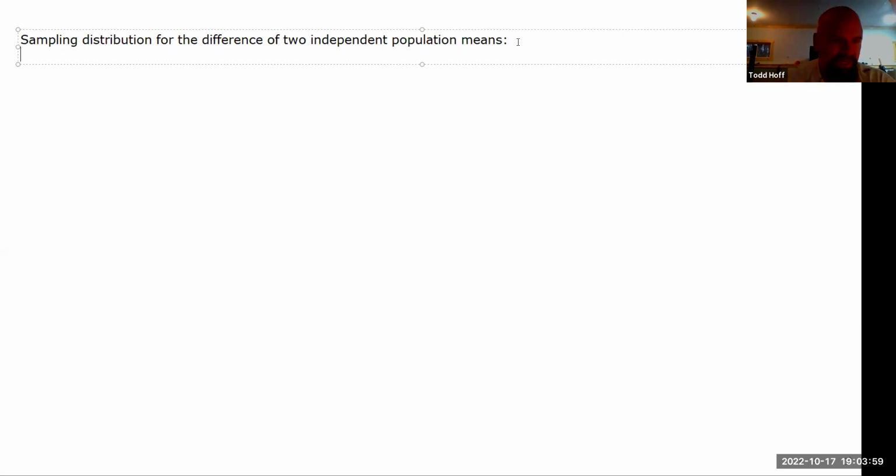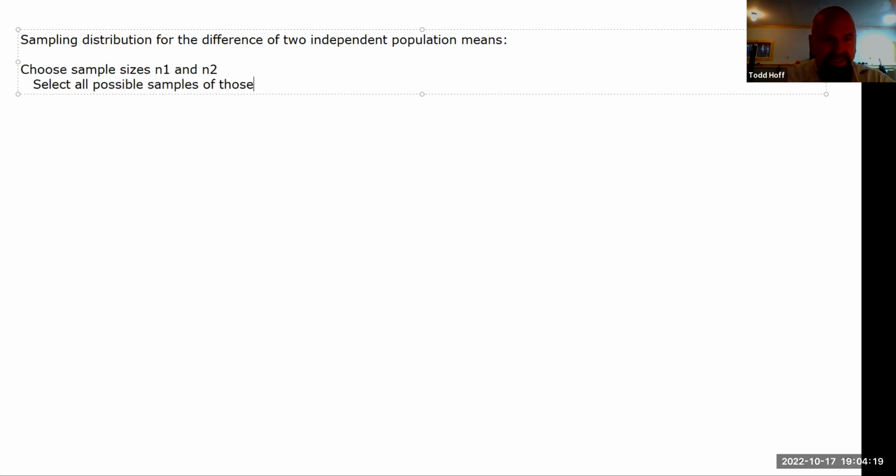So we're going to choose a sample from each of those populations. So we're going to choose sample sizes, N1 and N2, those are the sample sizes from each of the two populations, population 1 and population 2. Select all possible samples of those sizes from the appropriate population.